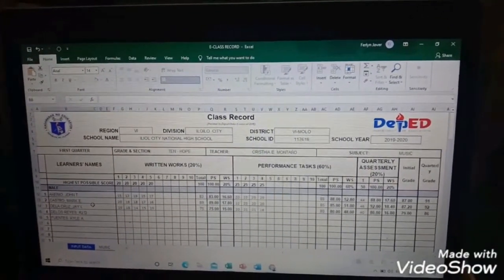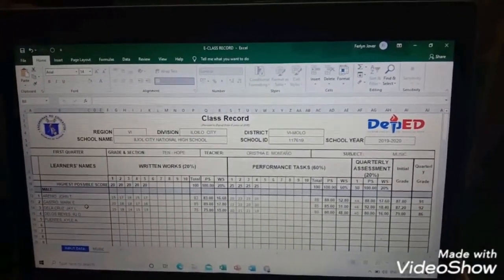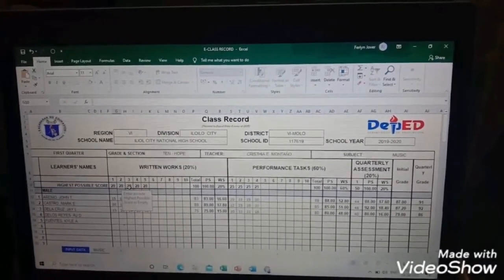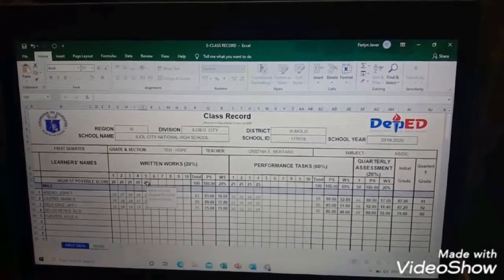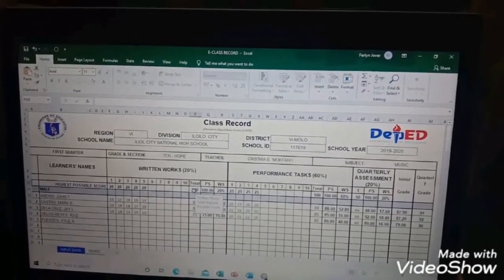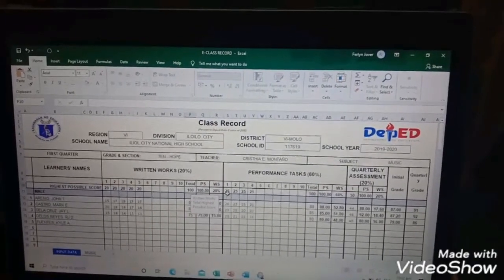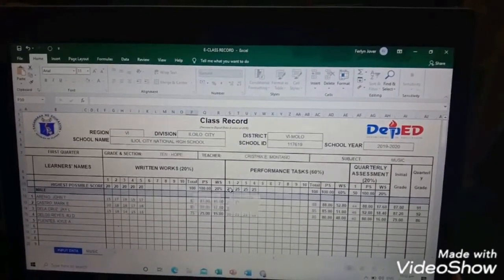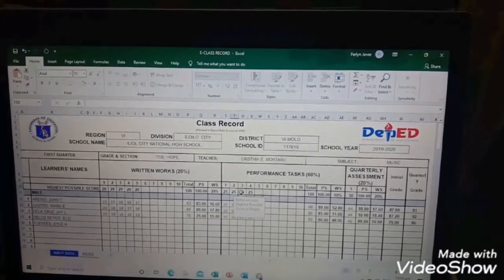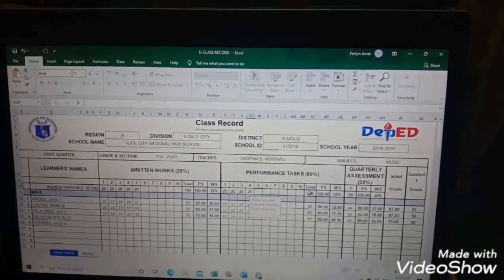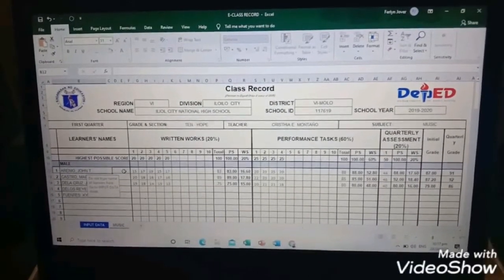In written works, I gave 5 times, 20, 20, 20, 20, 20 for a total of 100. For the performance task, I gave them 4 times, 25, 25, 25, 25 for a total of 100.